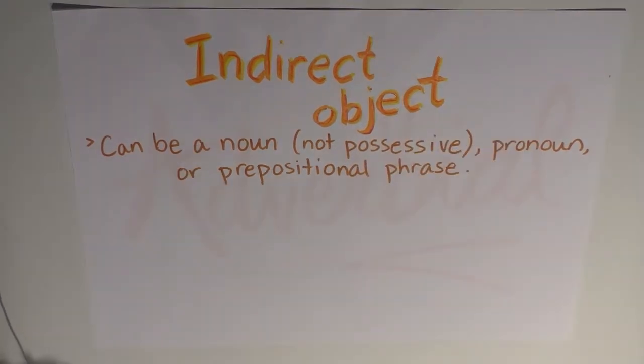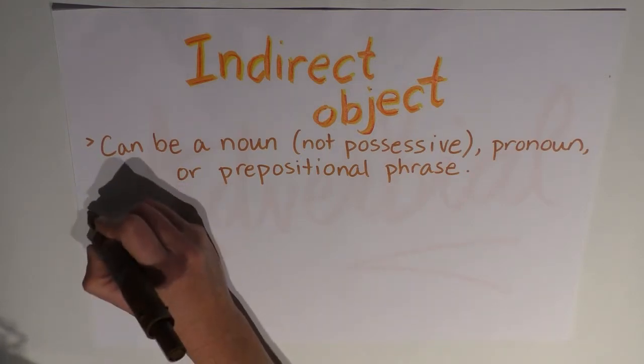We don't actually come across indirect objects all the time. They need a specific verb. And these are verbs such as give, lend, offer, pass, post, read, sell, send, show, promise, and tell. So I'm just going to write that down very briefly, not all of them, but some of them.